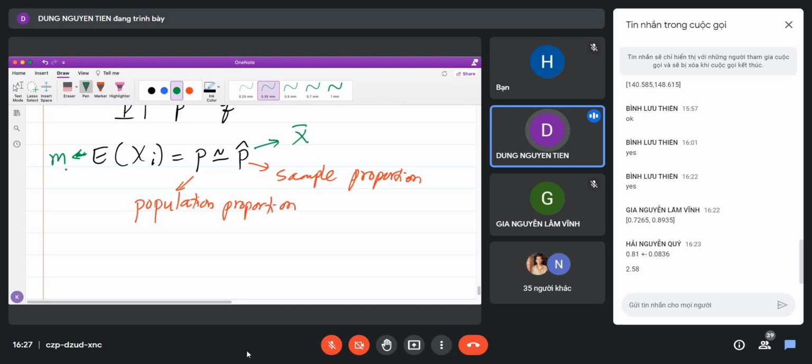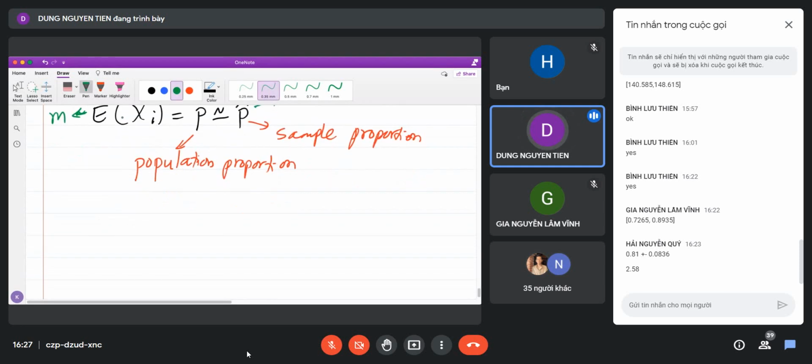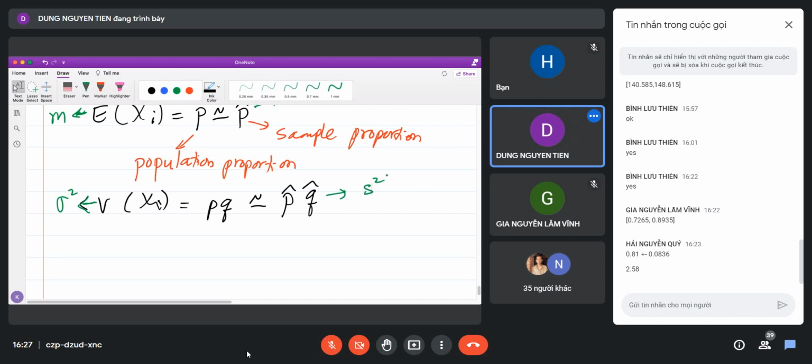So m and x bar correspond to p and p hat. You can also find the variance of xi, which is p times q. Again you can approximate p by p hat and q by q hat. The variance sigma squared corresponds to p hat q hat, which is the s squared we talked about in the previous cases.